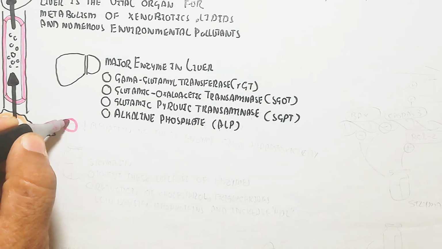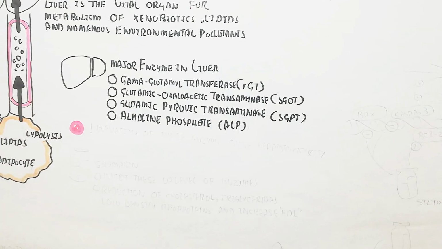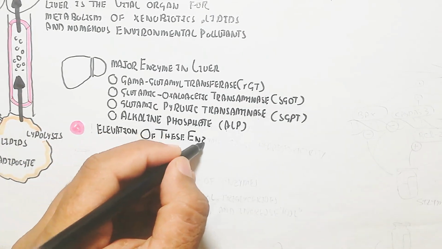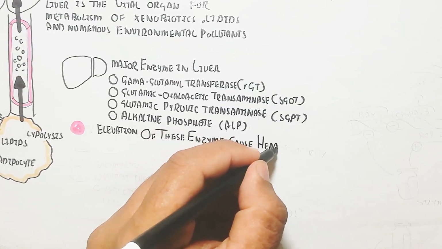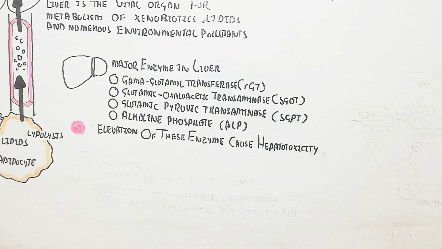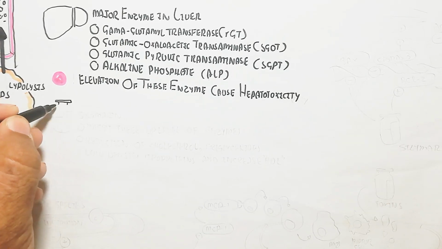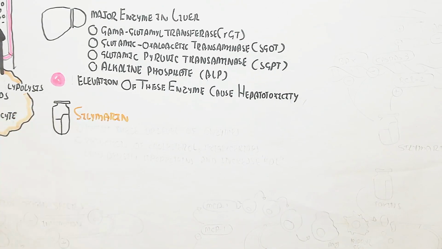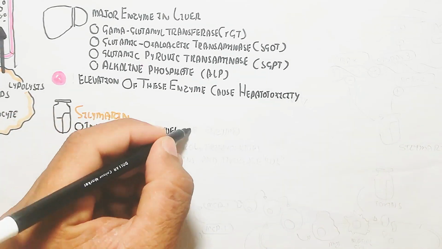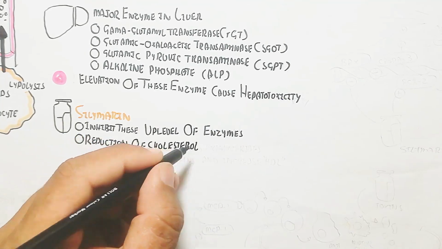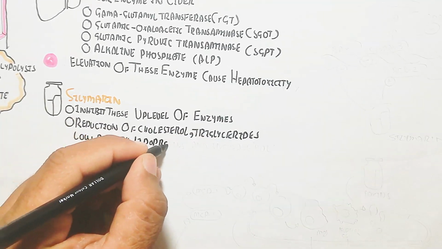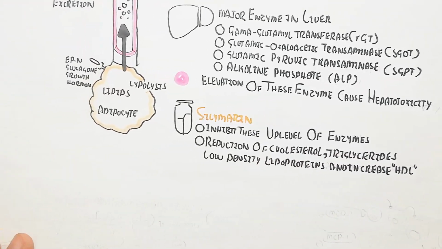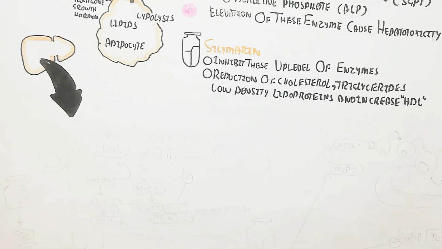So silymarin is very important for inhibiting the elevated levels of these enzymes, and this leads to a reduction. Basically, the enzyme levels and cholesterol, triglycerides and low density lipoproteins are reduced, and HDL is increased, improving the LDL to HDL ratio.